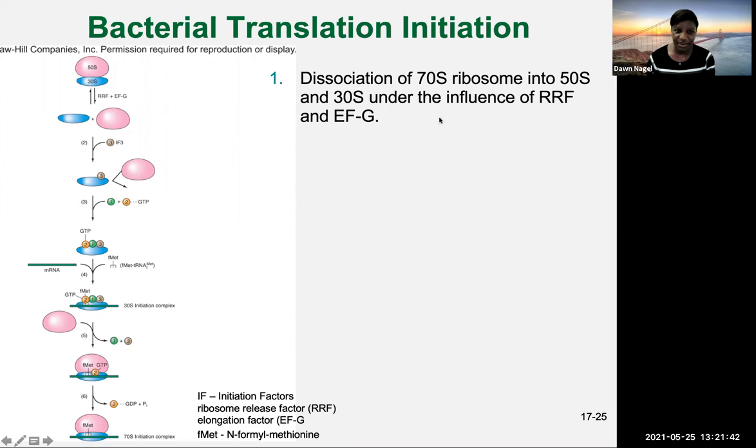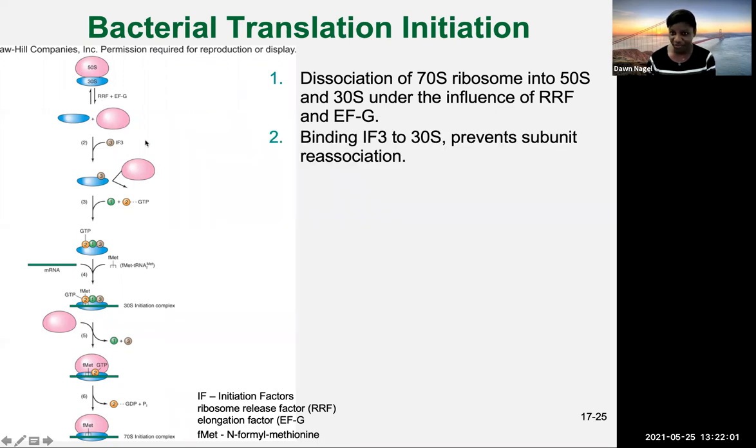This happens with the help of two types of proteins, the ribosome release factor and also an elongation factor. They help to separate these two subunits. Once they separate, you need to make sure that they remain separated, because you want to build your initiation complex on a small subunit. So you don't want them to be able to easily come back together.